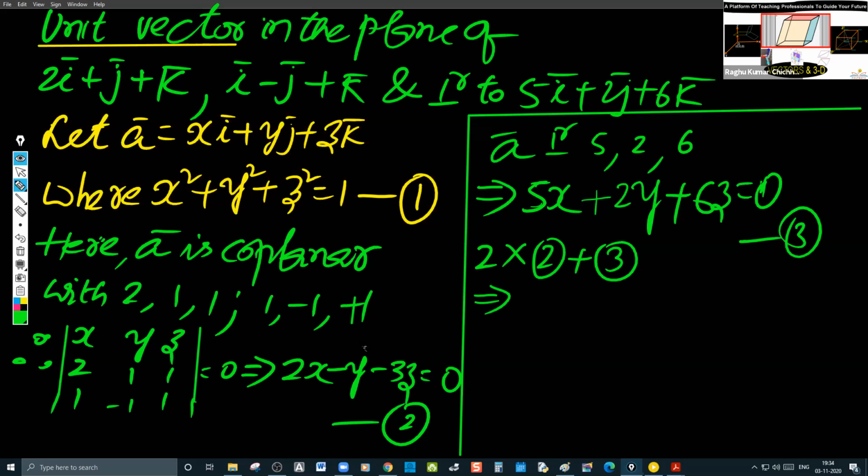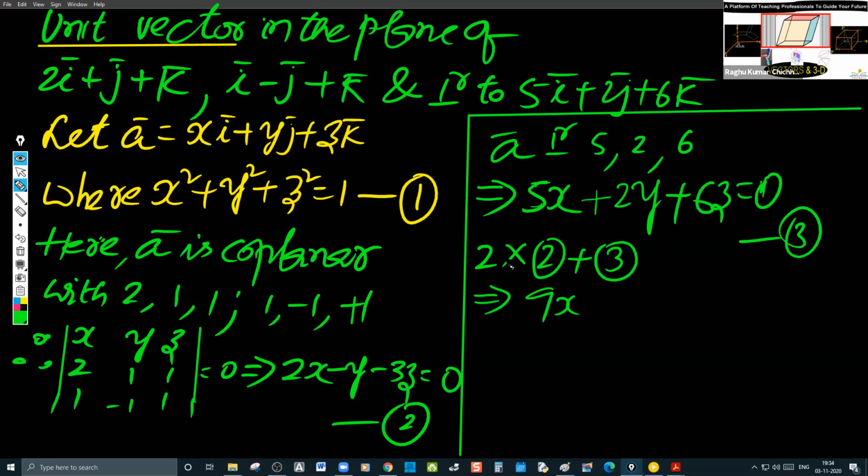Second equation with 2 means this becomes minus 2y, plus 2y getting cancelled. And 4x plus 5x is 9x here. And here we multiply 2 with 2, no? This is minus 6z, and minus 6z plus 6z gets cancelled.